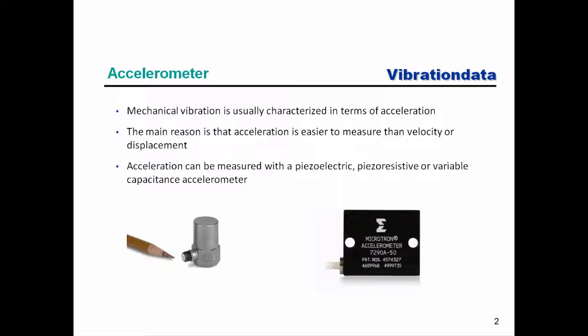And there's various types of accelerometers. The one on the bottom left is a piezoelectric type, but there are also piezoresistive types, variable capacitance types, as well as several other types. And in the bottom right-hand corner, that is an example of a variable capacitance accelerometer.